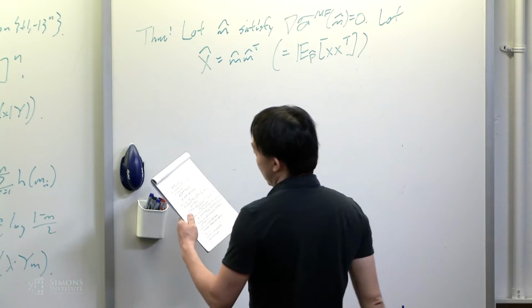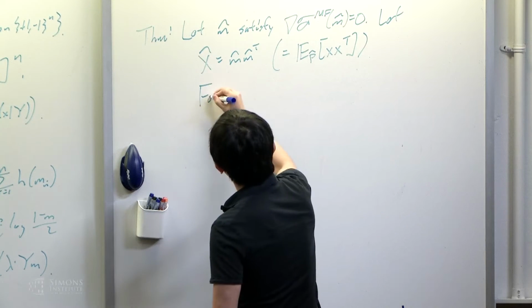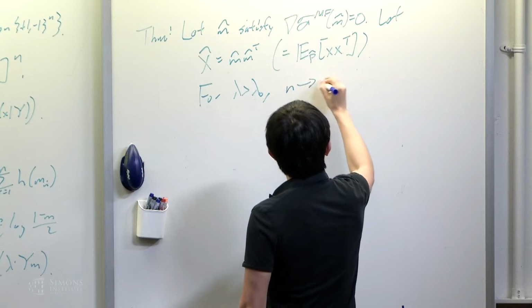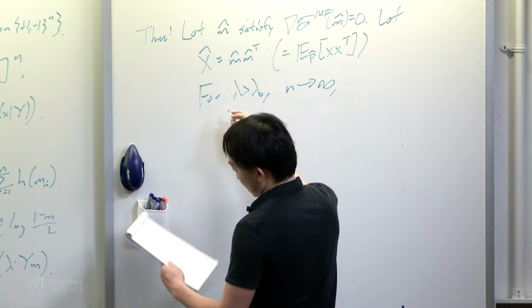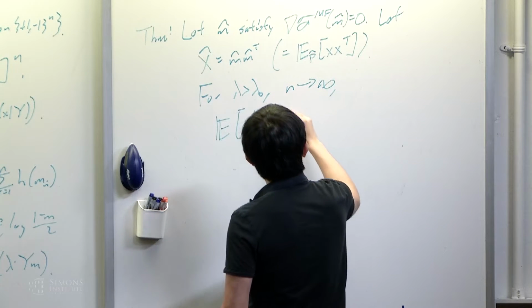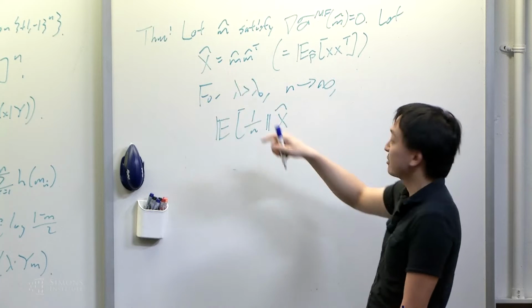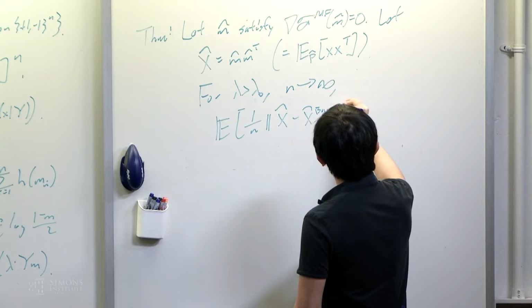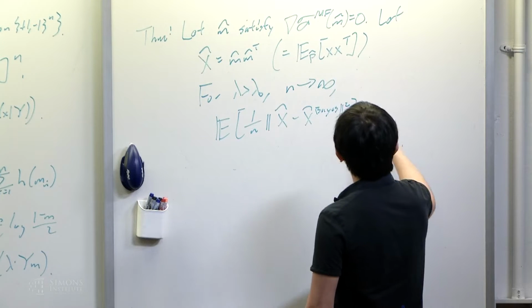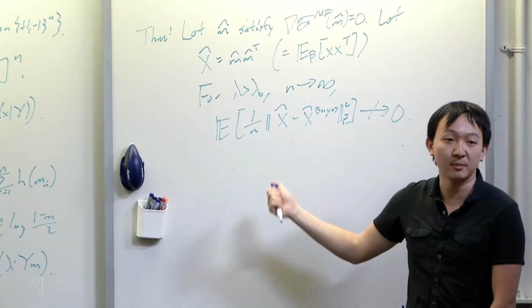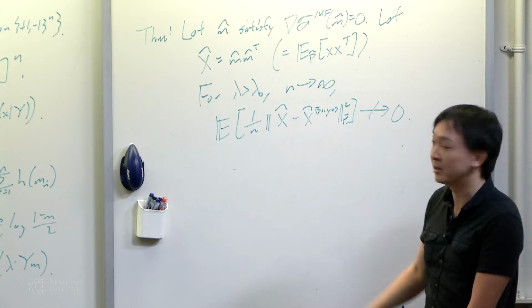Okay, so the result is the following. If I consider lambda bigger than this constant I mentioned earlier, lambda naught, as n goes to infinity, the expected squared difference between this x hat constructed here and the true Bayes estimator, x hat Bayes, for Frobenius norm squared, in fact does not go to 0, so I don't get an accurate approximation of the true Bayesian quantity I'm interested in.